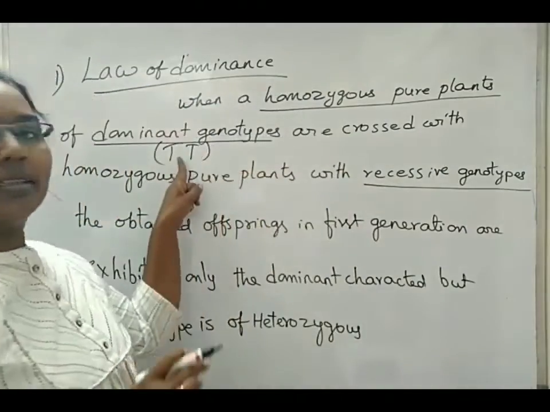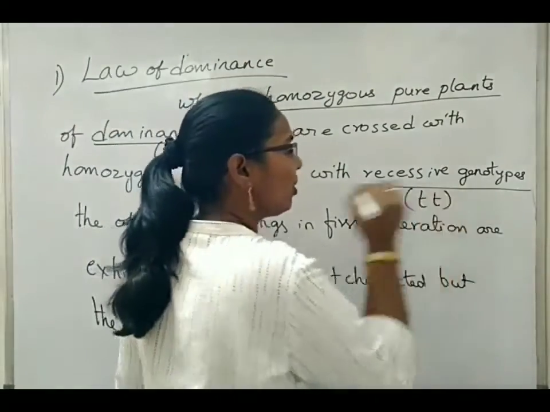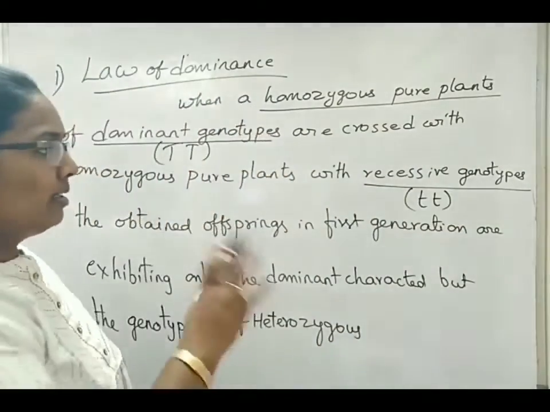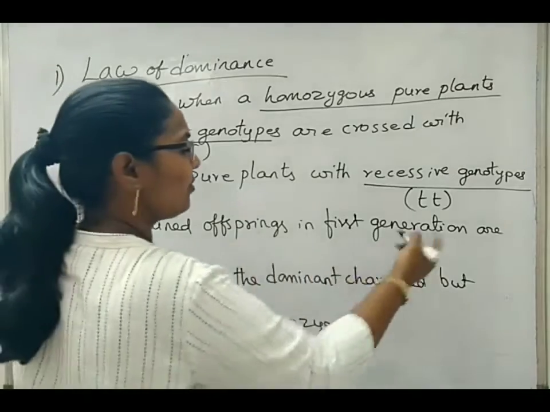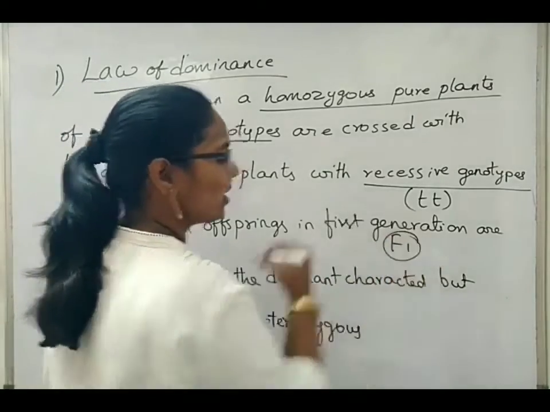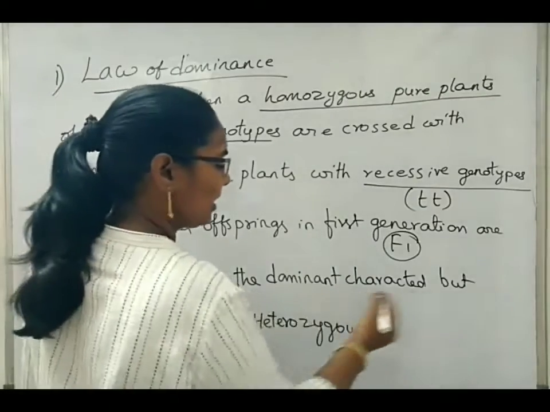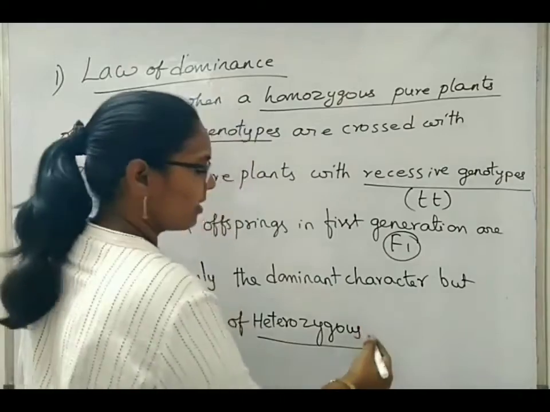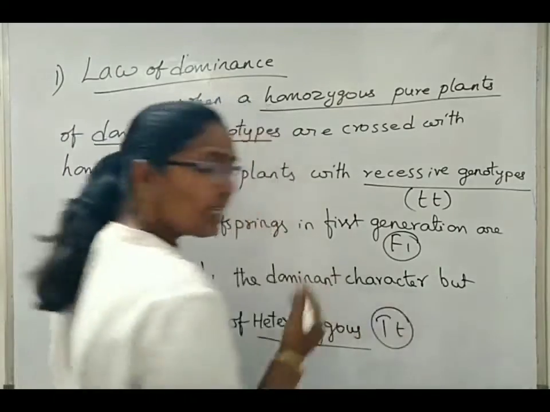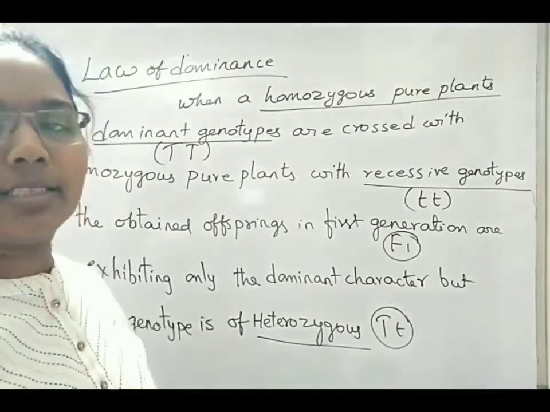Since we have taken a capital letter to represent dominance, we are taking the small letter to represent the recessive genotypes. The obtained offsprings in the first generation, in the sense F1 generation, F means filial, exhibit the dominant character, but the genotypes are heterozygous, in the sense the alleles are not of the same type. The genotype of the offspring will be like this.